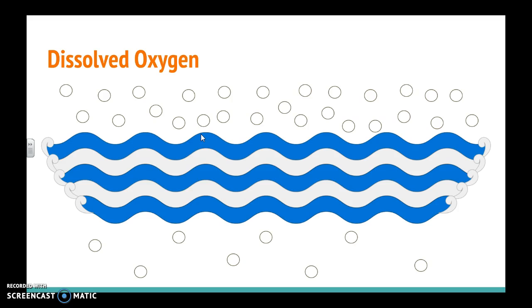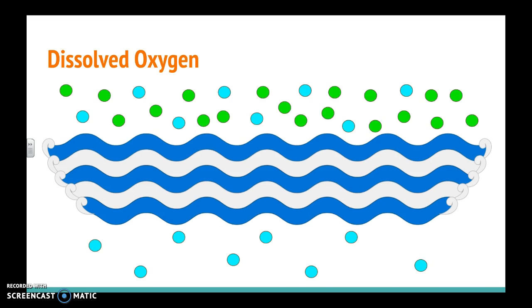So why isn't there more oxygen in the water? It really comes down to this. Let's say all these blue ones are oxygen and all the green ones are the rest of the air. Our air is not entirely made of oxygen. Some of it's made of other things. So only a little bit of that is oxygen, and that does try to balance out with what's in the water.